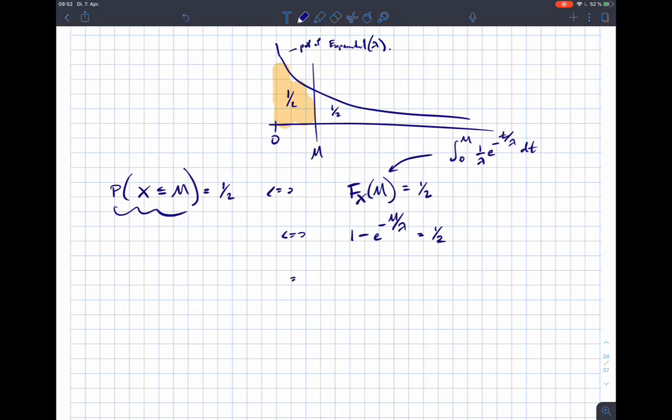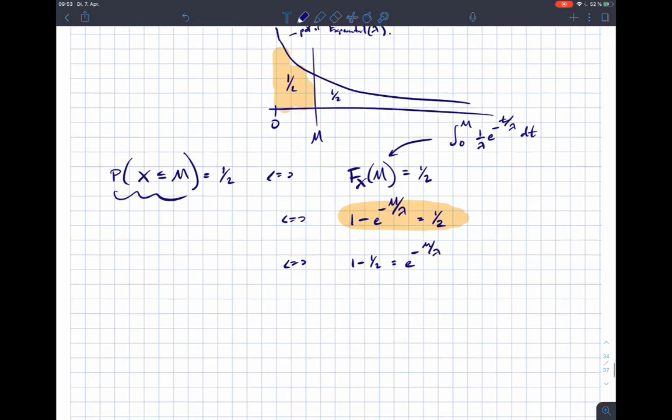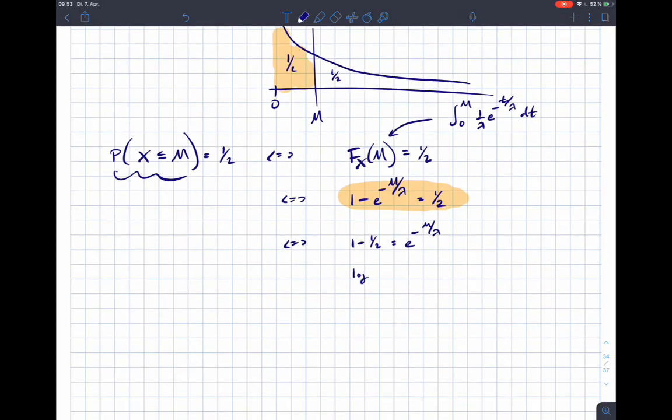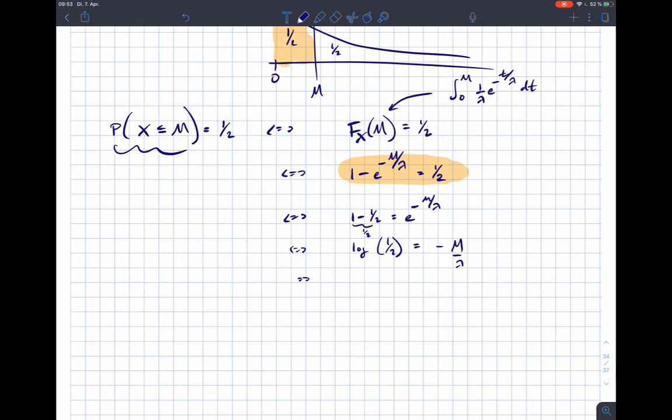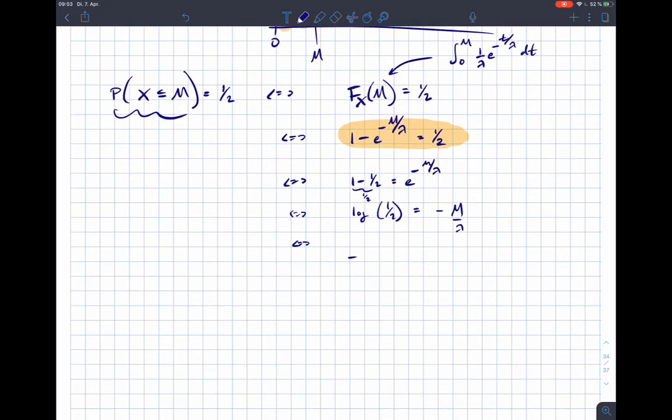And so now we can rearrange this thing to get m by itself. So I've got 1 minus 1/2 equals e to the minus m over lambda. This is just 1/2. Log of 1/2 equals minus m over lambda. So negative lambda log 1/2 equals m.